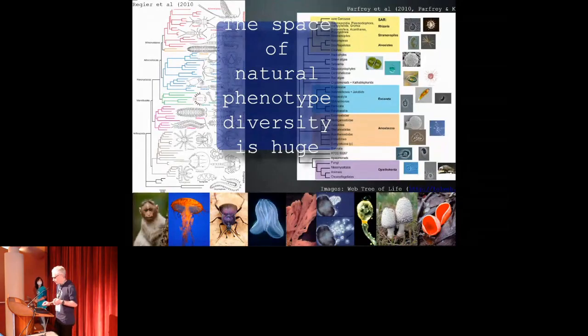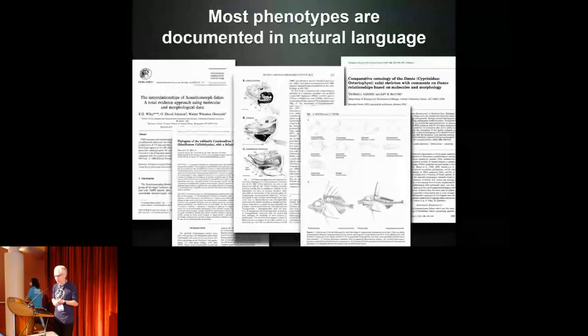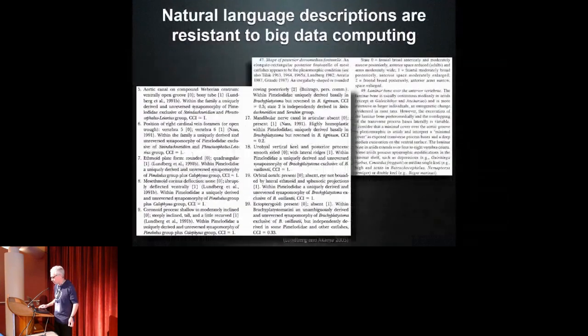The vast majority of these natural phenotypes are documented in meticulous detail, but in natural language. And as probably many here can appreciate, natural language phenotype descriptions, or trait descriptions, as we would more likely say for natural phenotypes, are highly resistant to computing.